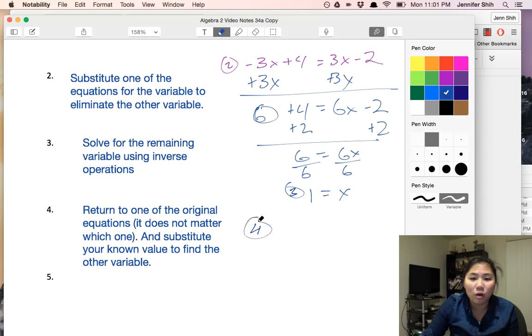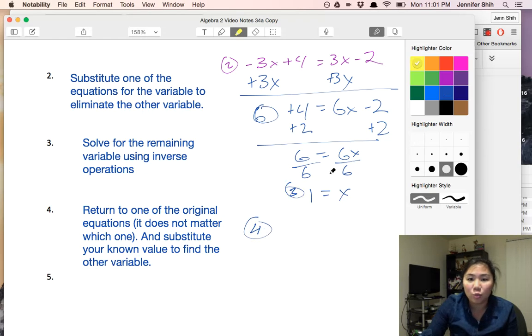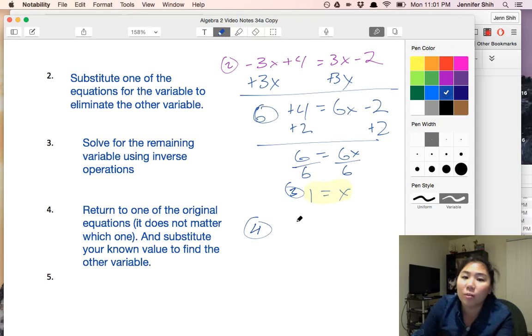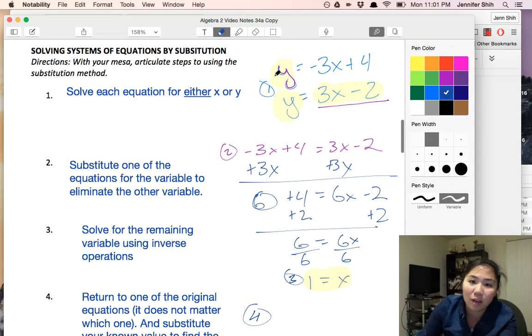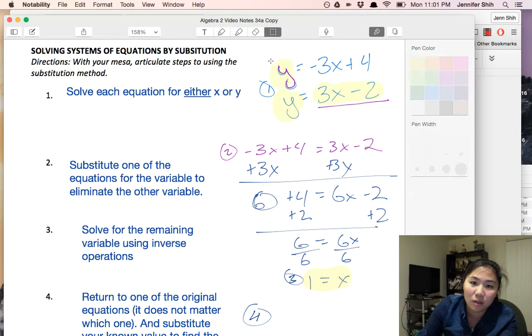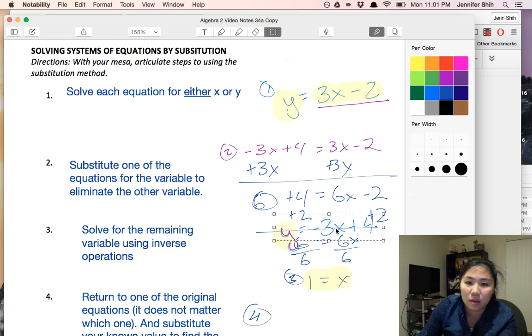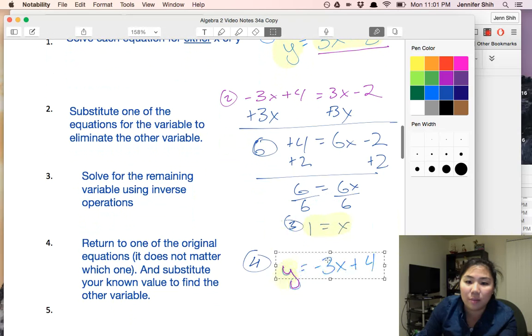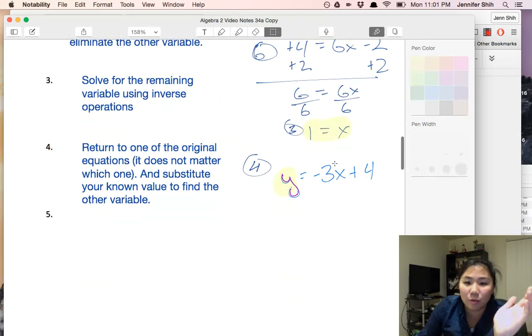Step number 4, we're going to use x is equal to 1, and we're going to substitute it back into an original equation. So I'm going to go back to the original problem. Let's do this one. Here's one of our original equations.